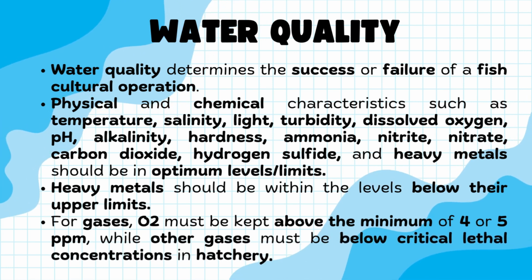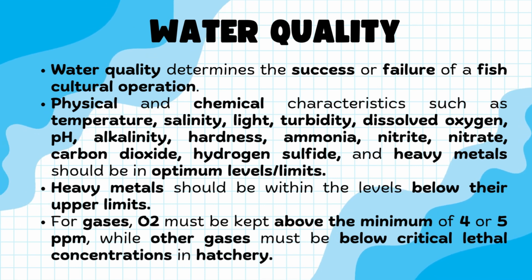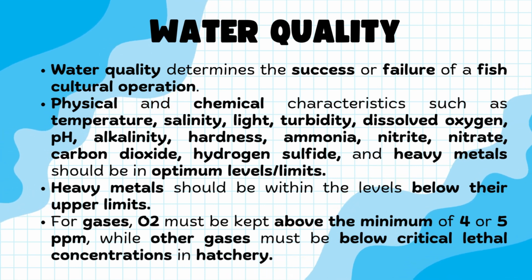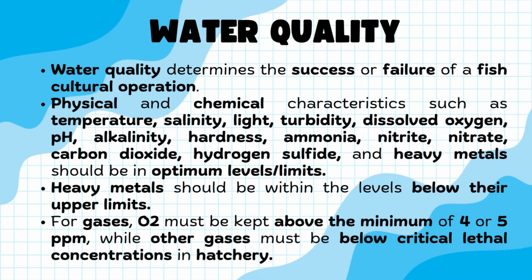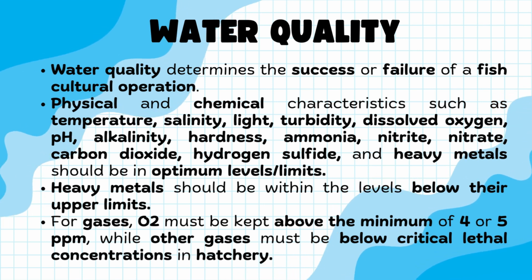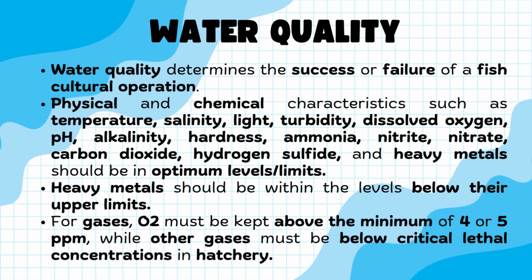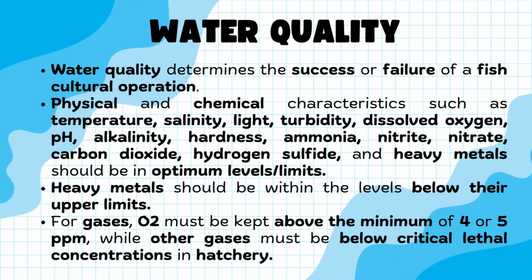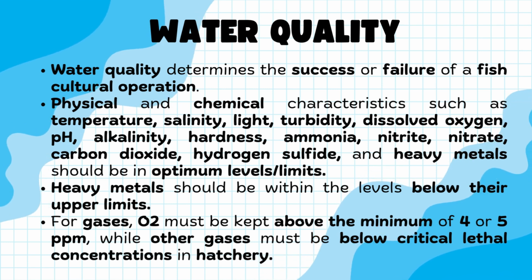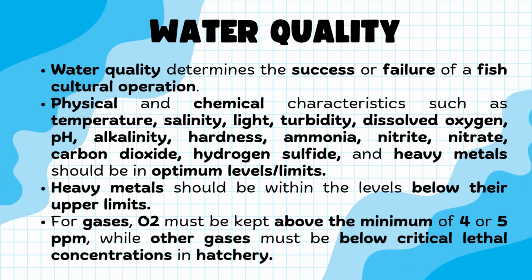Chemical parameters such as pH, alkalinity, hardness, ammonia, nitrate, nitrite, carbon dioxide, hydrogen sulfide, and heavy metals must also be considered and monitored. All of these should remain within their optimum levels for thriving aquaculture systems.